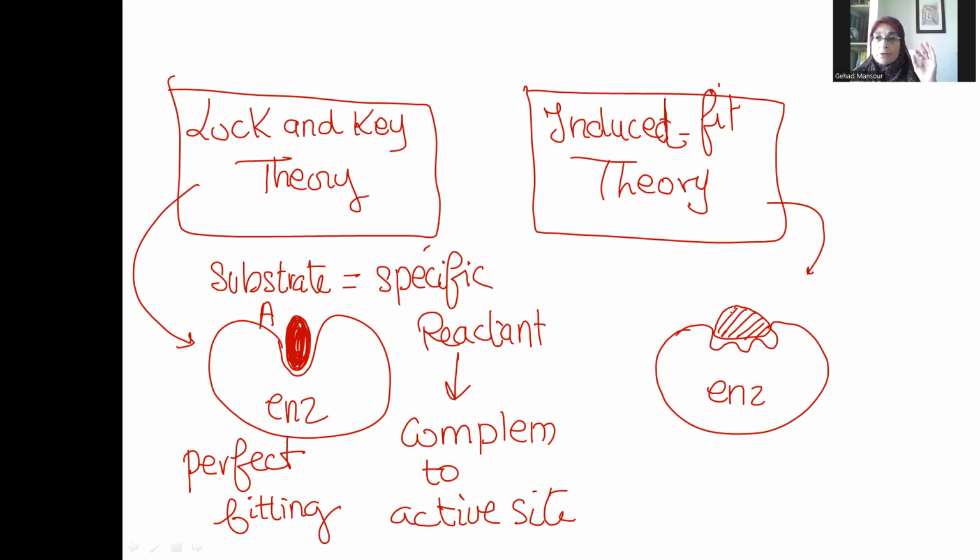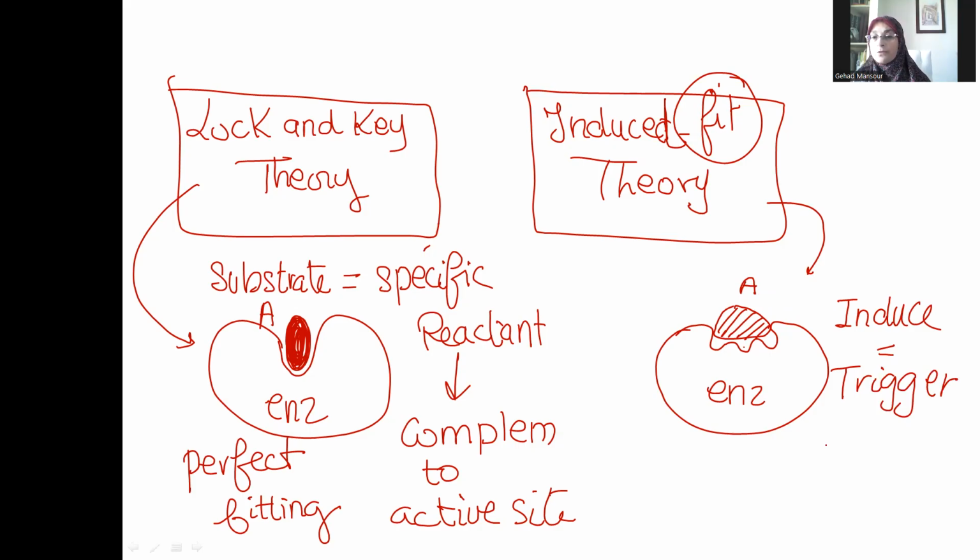But this molecule is the most closely fitting with the enzyme. So what happens when the substrate A tries to fit with the active site of the enzyme is that this fitting, which is not 100% perfect, will induce, meaning that it will trigger or stimulate changes in the shape of the enzyme.